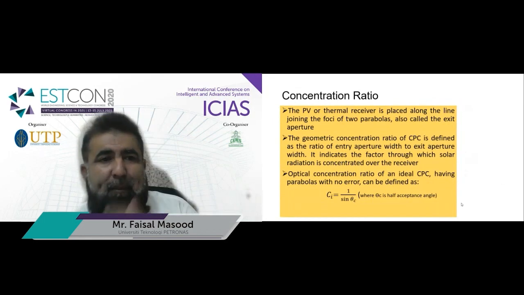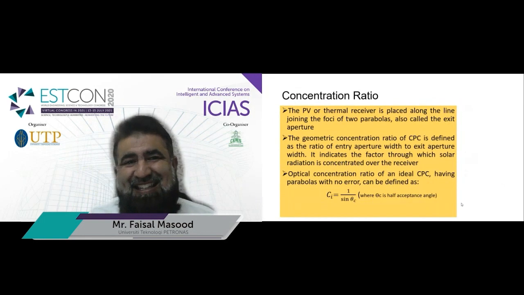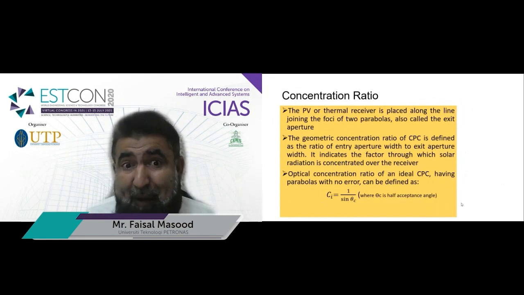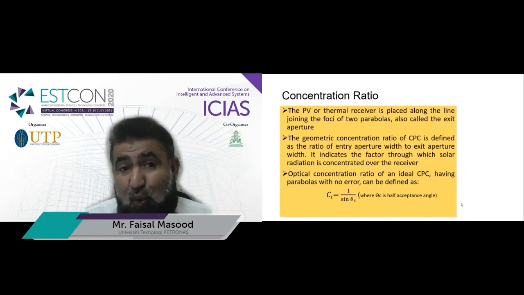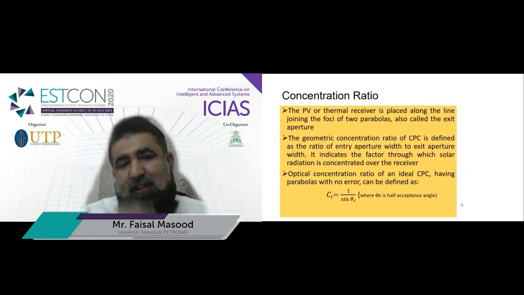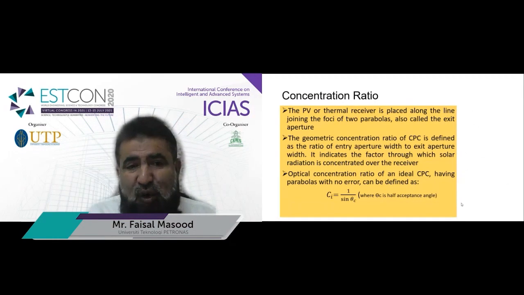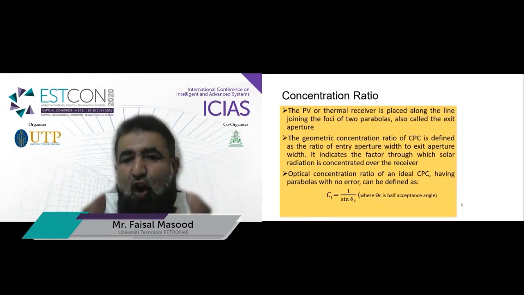An important parameter to be discussed with concentrating collectors is their concentration ratio, for example, the geometric concentration ratio or the optical concentration ratio. The geometrical concentration ratio is defined as the ratio of entry aperture width to exit aperture width, and it indicates the factor by which solar radiation is concentrated or intensified over the receiver.